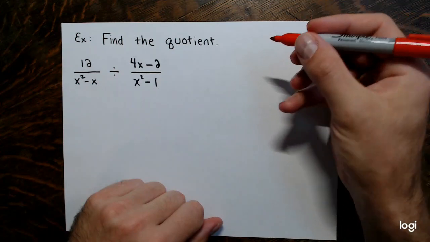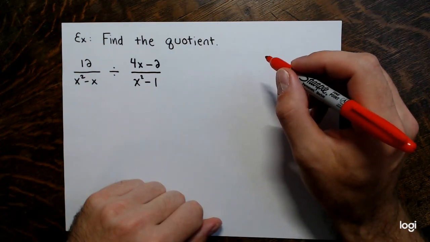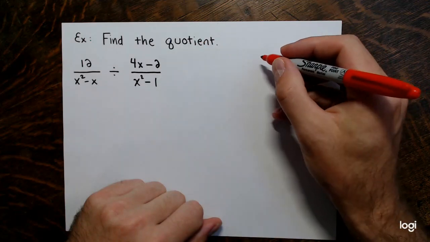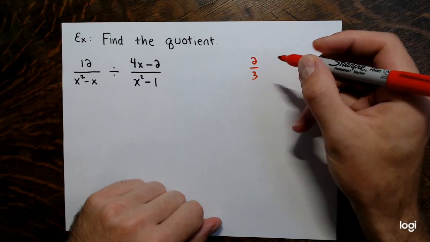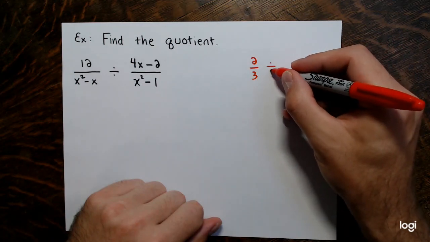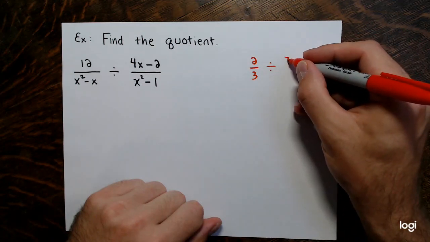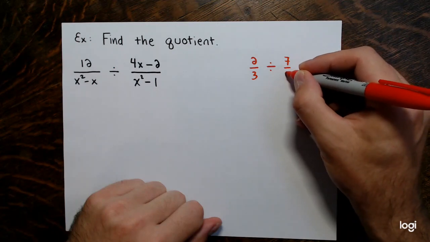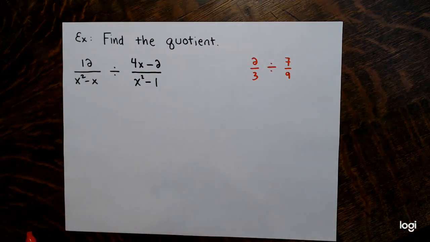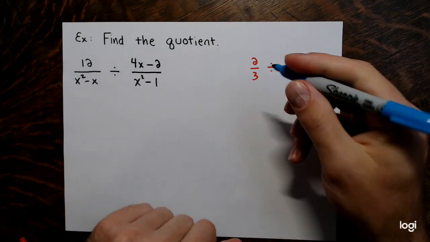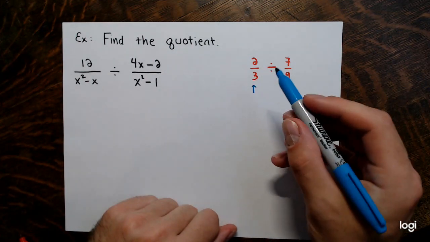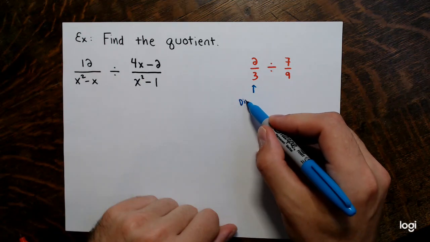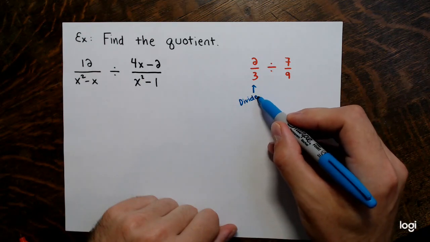When you take two numbers of any kind and divide them, you see this division symbol. So for instance, if I took 2/3 and then divided that 2/3 by 7/9, the number before the main division symbol has a special name. The 2/3 here would be called the dividend.